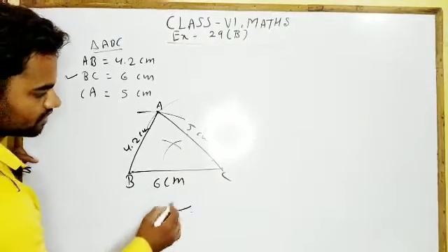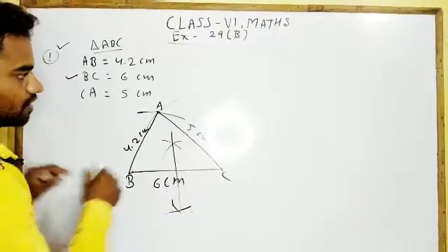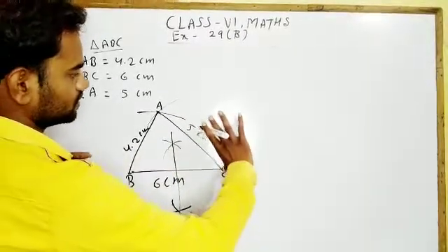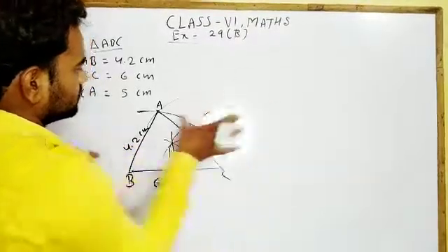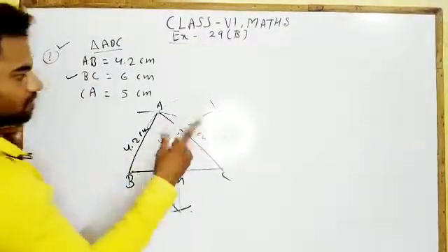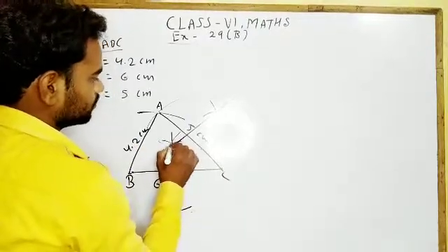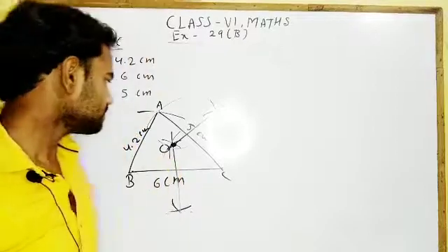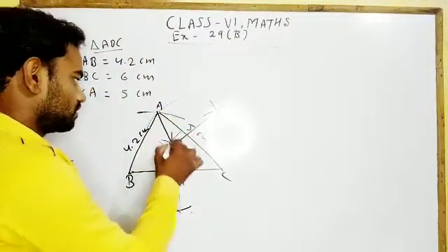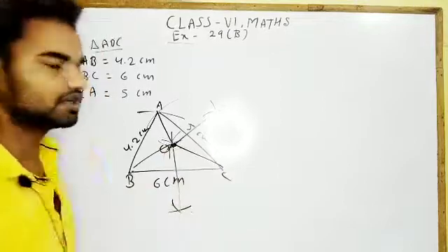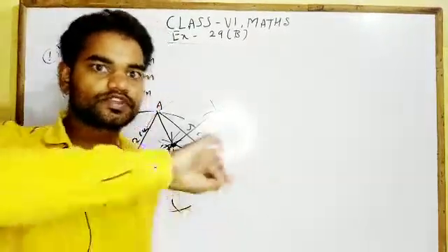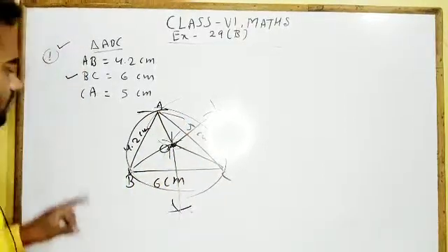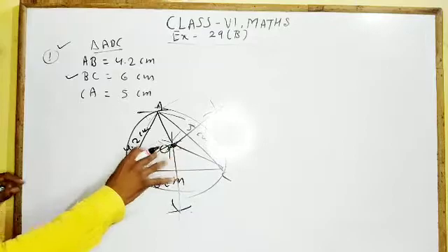Now the perpendicular bisector of AC, this is C, this is A. Both perpendicular bisectors intersect each other at the point O. This is the center. Now taking OA or OB or OC as a radius, draw a circle which passes through all the 3 vertices A, B, C. This is your complete construction.